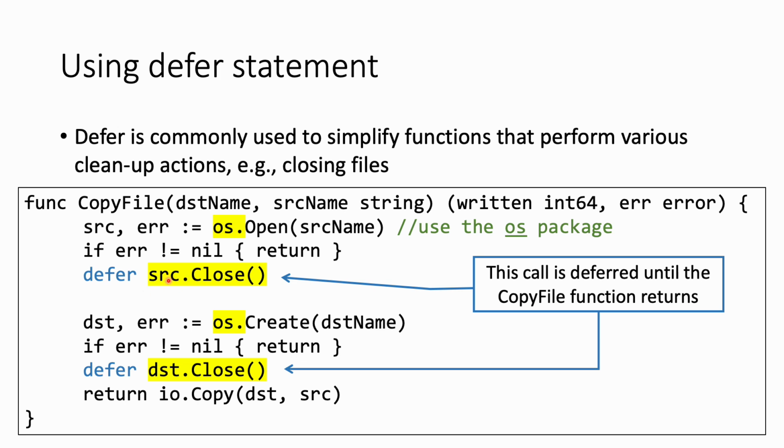The right place for a defer statement that releases a resource is immediately after the resource has been successfully acquired. For example, the deferred Close call is placed immediately after the file has been opened successfully.